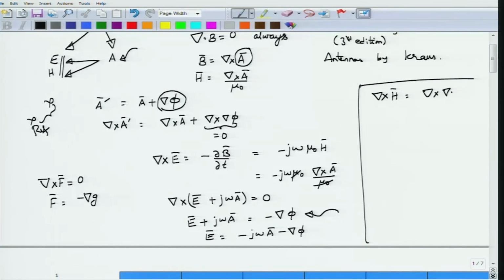I get del cross A divided by mu 0, and del cross H can be written in terms of Maxwell's equation as j omega epsilon, assuming that there are no surface currents.